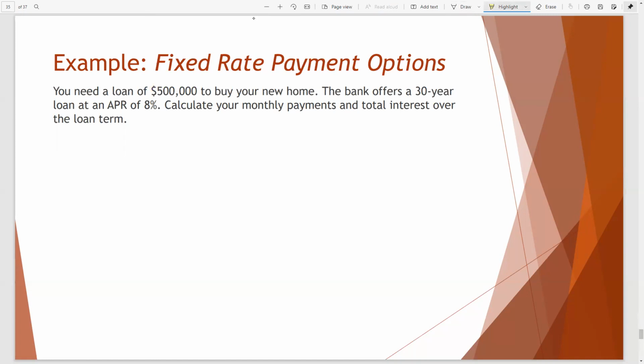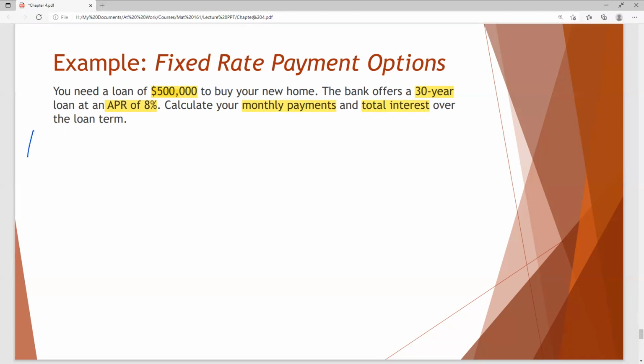But the amount is also usually bigger. Say you have 500,000 to buy a new home, you need a loan. The bank offers a 30-year loan, annual percentage rate at 8%, and you want the monthly payments and total interest.